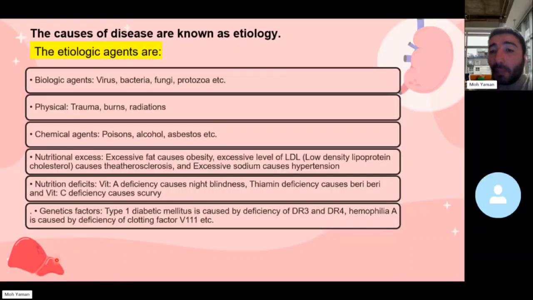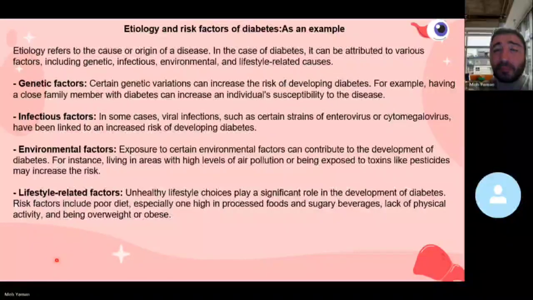Thiamine deficiency causes beriberi syndrome, inflammation in the heart and in the nerves, and so on with deficiency in vitamin C. As for genetic factors, for example, type 1 diabetes mellitus is caused by deficiency of TR3 and TR4, and hemophilia A is caused by deficiency of clotting factor 5, 111, etc.